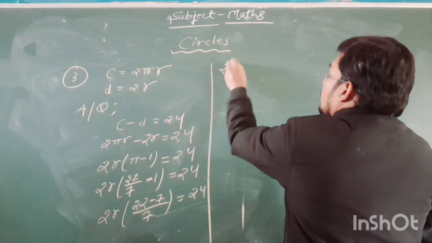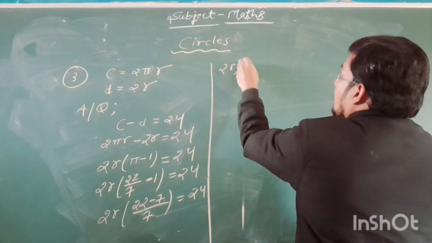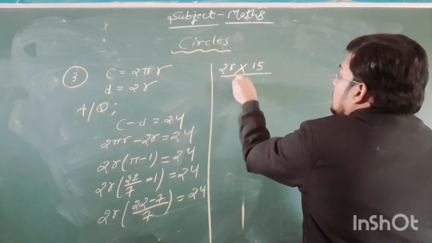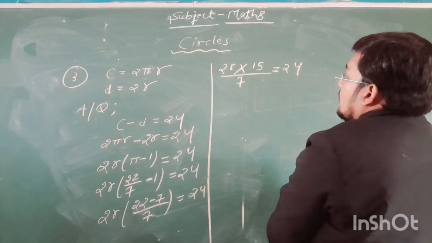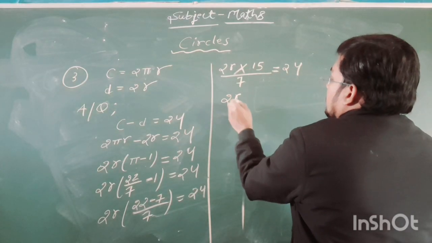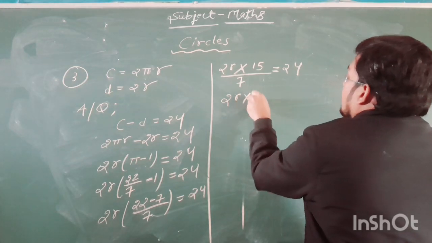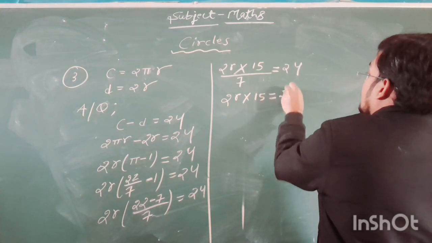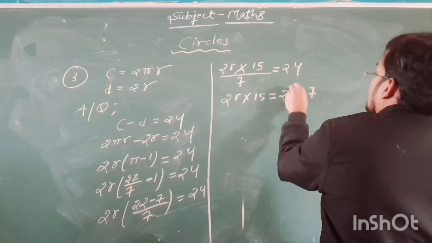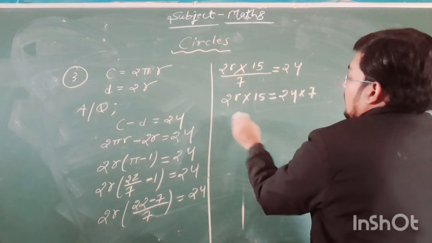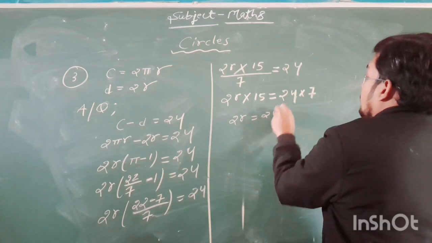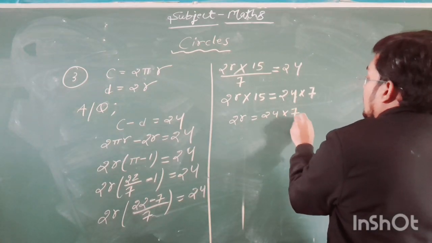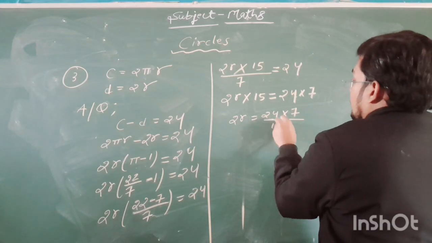So 2r into 15 upon 7 is equal to 24. Therefore 2r into 15 is equal to 24 into 7, and 2r is equal to 24 into 7 upon 15.